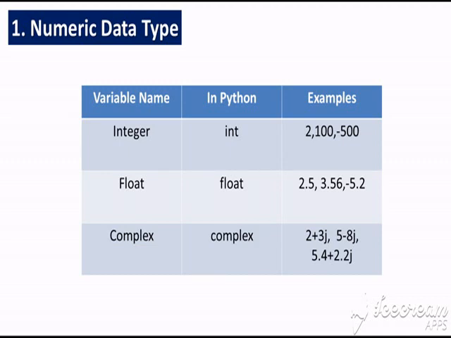So basically they are decimal numbers. And a complex number in Python is written as complex, and an example is 2 plus 3j. So this is basically the format in Python: 2 plus 3j. 2 is the real number, and 3 is the imaginary number, and the combined form of these makes the complex number 2 plus 3j.